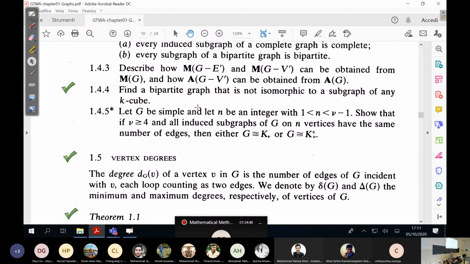Another friend from outside found that if we put two multiple edges between two vertices, that of course builds a bipartite graph, but it is not isomorphic to a subgraph of any K-cube. So please do what the author actually meant: a bipartite simple graph that is not isomorphic to a subgraph of any K-cube.